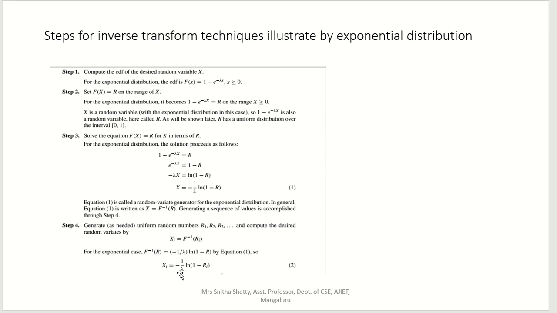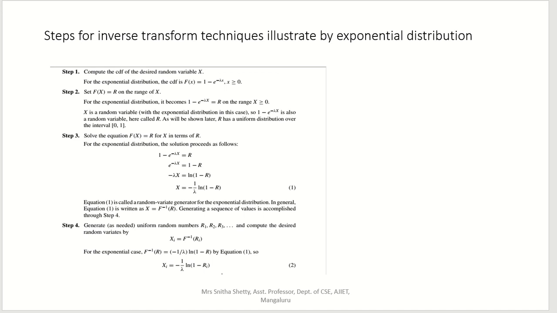So xi is equal to minus 1 by lambda ln 1 minus ri. If you want to generate x1 here, you should substitute r1. If you want to generate x2, substitute r2. If you want to generate x3, substitute r3. So you can generate n number of random variates based on this algorithm. This is the inverse transform technique for the exponential distribution.